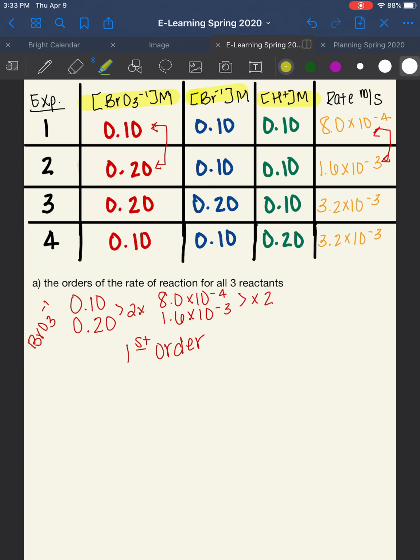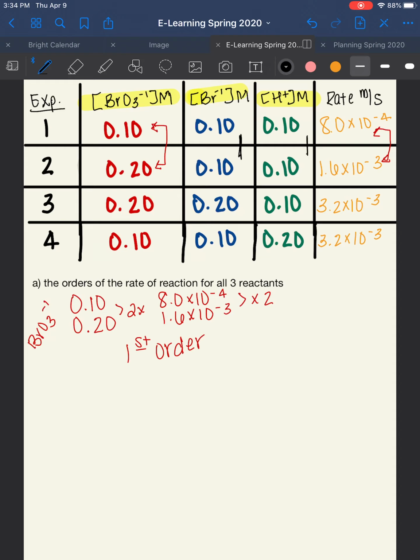All right, one thing I do want to note before moving forward is to be careful about the trials that you are comparing. Since I'm looking at BrO3, I want to look at the data where the concentration of only BrO3 changes. If you notice, the concentration for the other 2 reactants stayed constant.